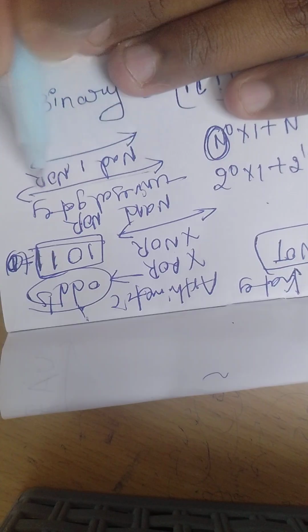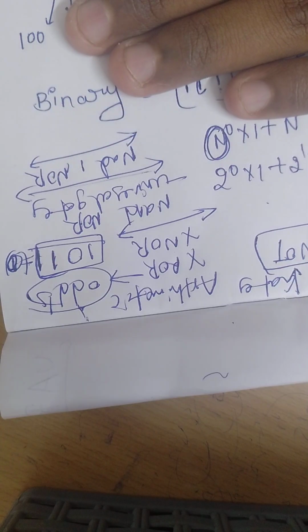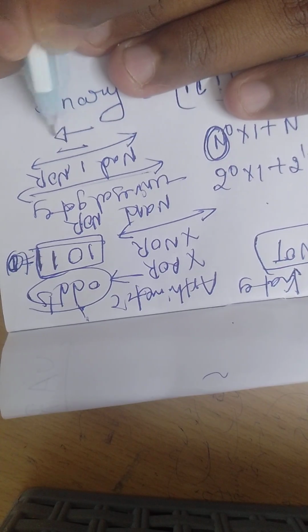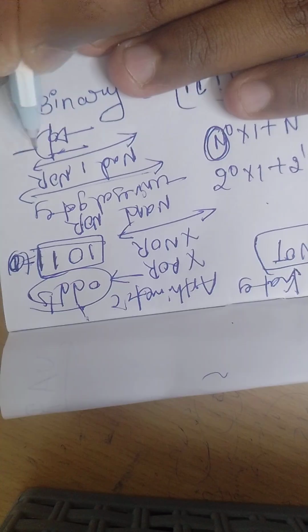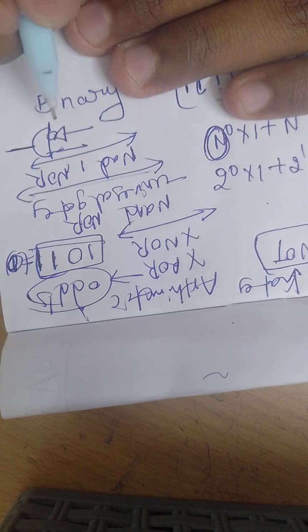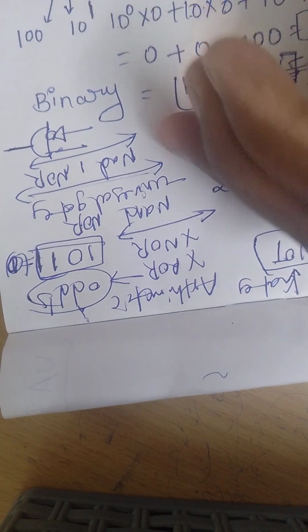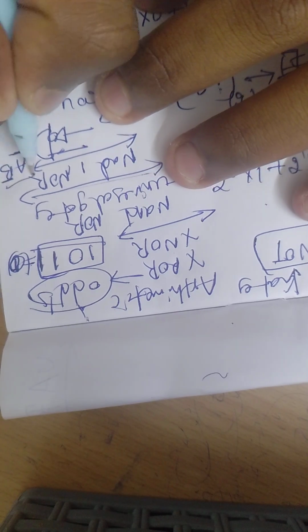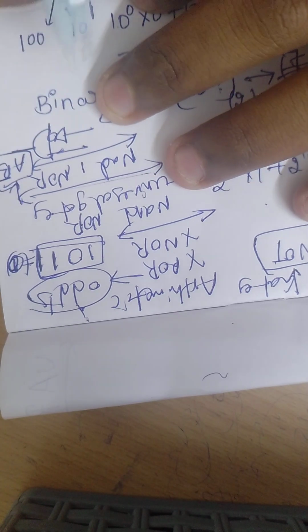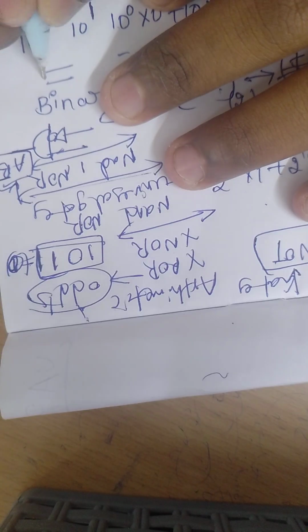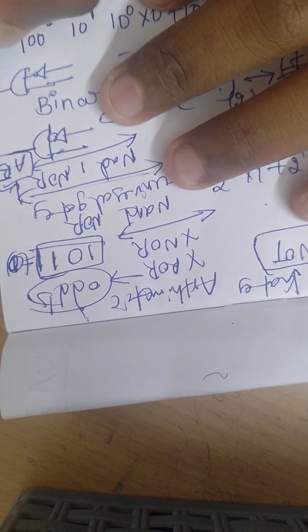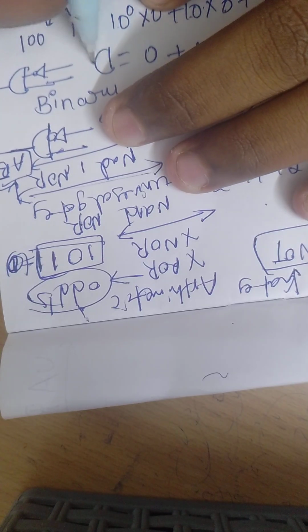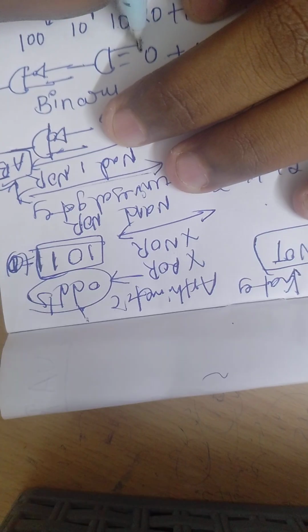Not only that, any gate can be used this way. For example, one AND gate is there with me. Now I need to implement some gate, say A B bar, and I need to implement AB from this gate. How can I implement AB? I will give another input like this.